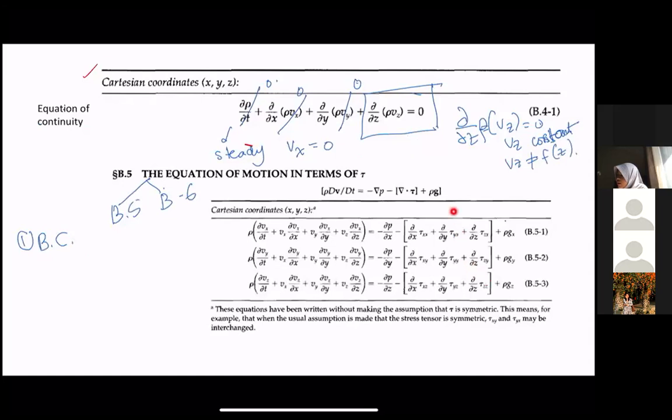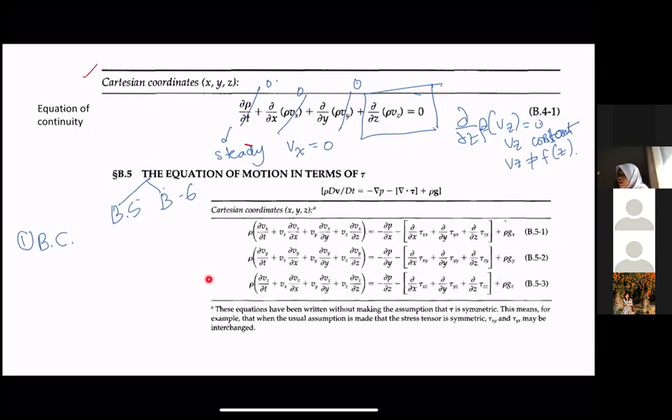Then we can see which equation we are looking at. In Cartesian coordinates there are three equations, for the directions x, y, and z. Because the velocity is vz, it depends on you, but because it is about x, we don't need to write this one, and also for y we don't need that one.